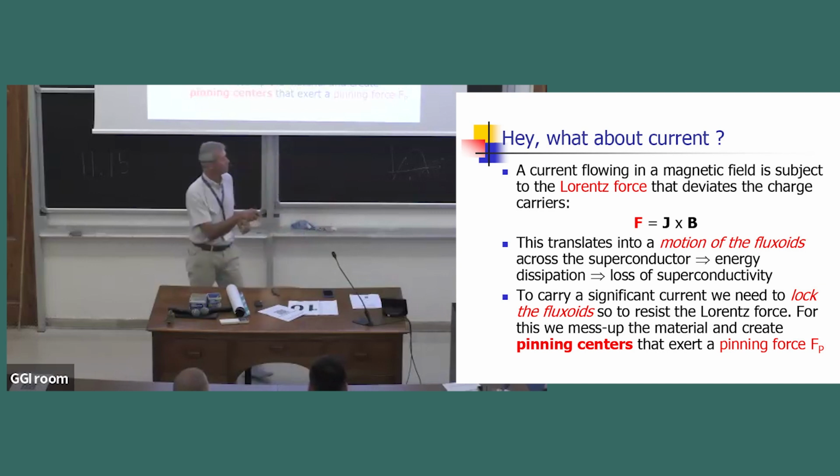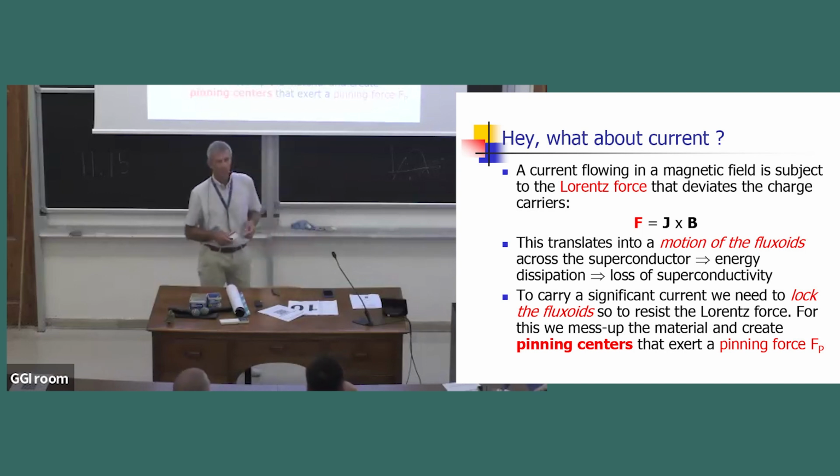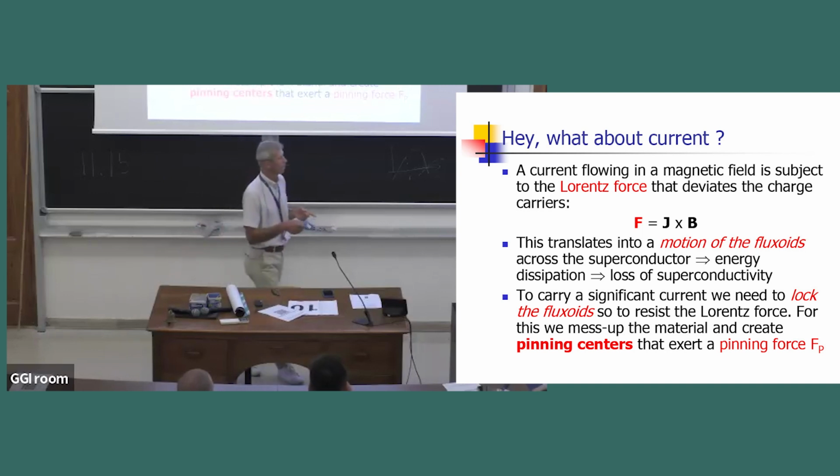If that movement, which is actually a motion of what we call fluxoids, the quantized amount of field that gets into the superconductor in the normal zones, is not blocked, you generate energy. That energy increases the temperature. That increase in temperature makes you lose superconductivity. So there's one more thing we need to do.